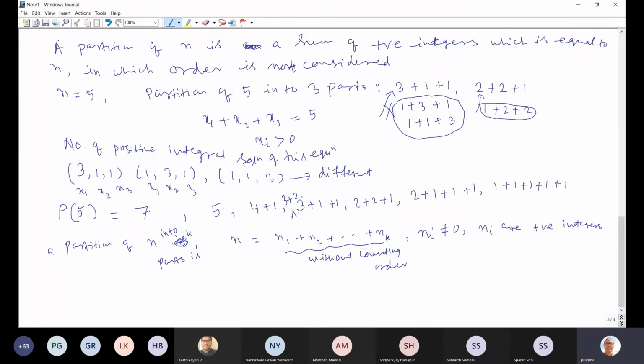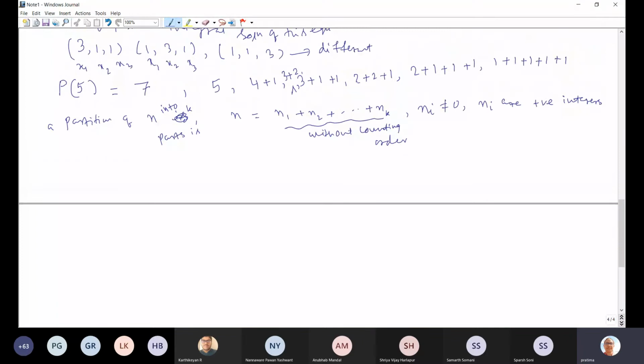See, 5 is a small number, which is why we could easily find the value of P5, the total number of partitions of 5. But in general, it is not so easy.